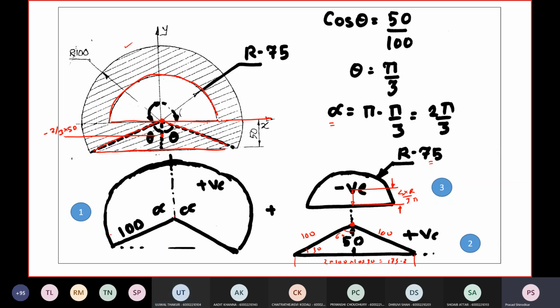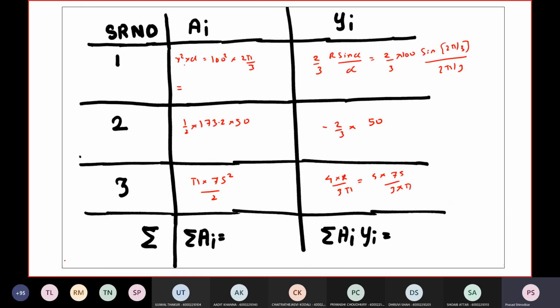A for car, B for car. Just tell me the values.